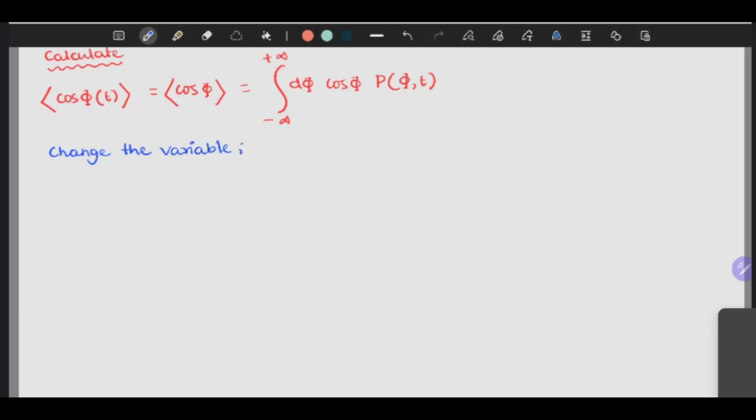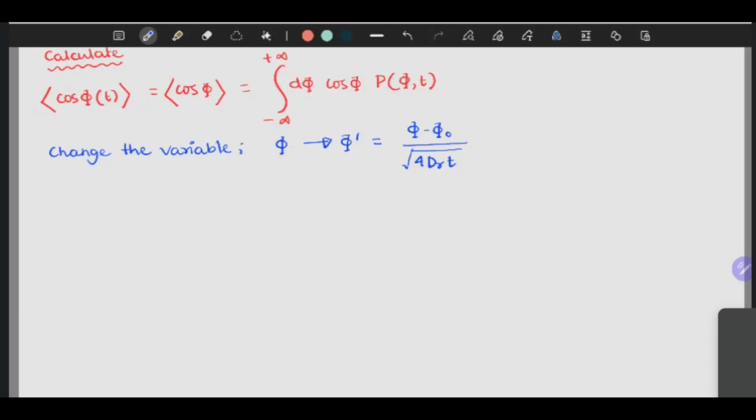So from phi you are changing to phi prime, which is phi minus phi naught divided by the square root of 4 Dr t.